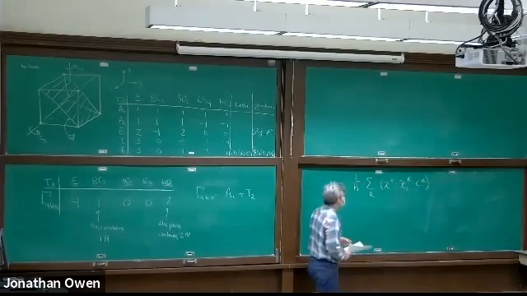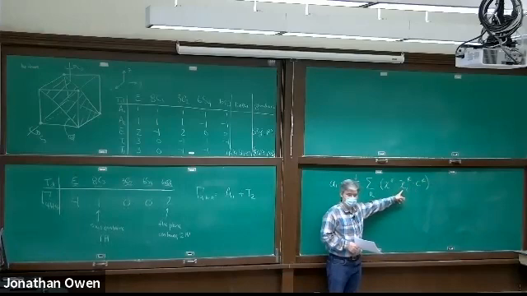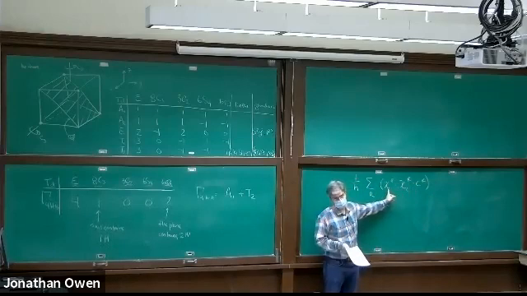So what you do is you take the character of the irreducible representation that you want to test out, multiply it by the character of the reducible representation that you're trying to decompose.